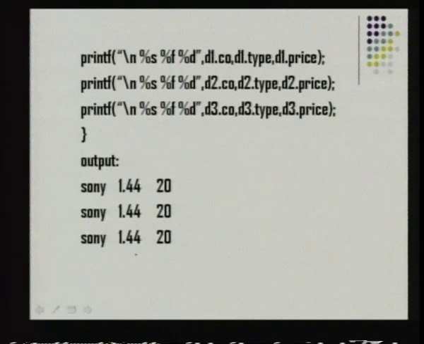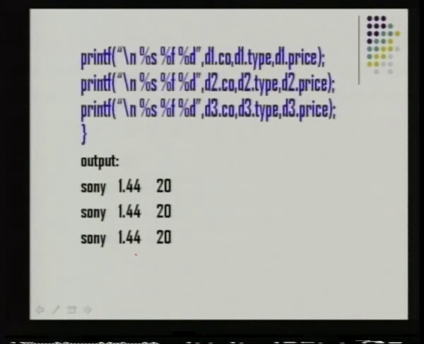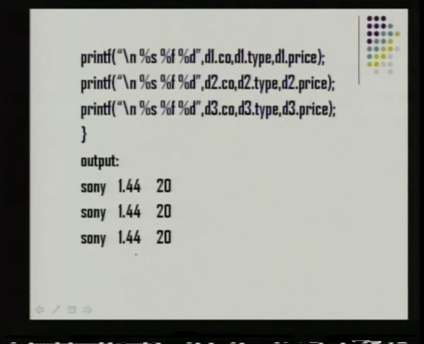Here I am trying to print the values, display the values and see whether all the values have been copied correctly. In the first statement I am printing the values for structure variable D1, second for D2 and third for D3. Finally if you see in the output I get the same values for all the three statements. That means from D1 to D2 all the values for all the members have been copied.